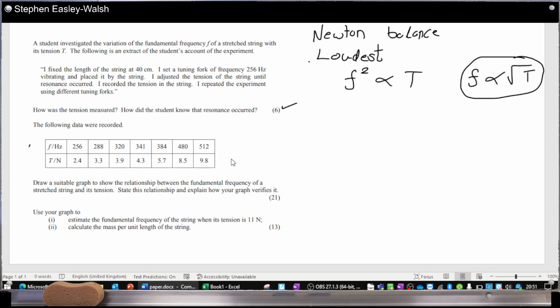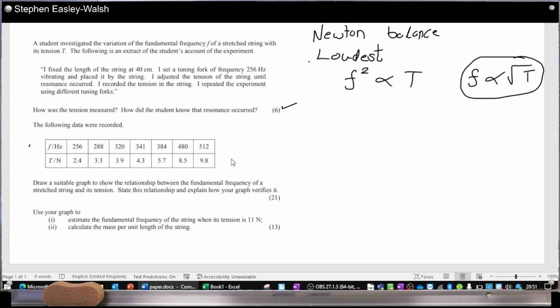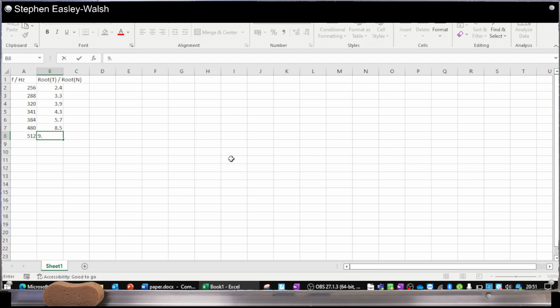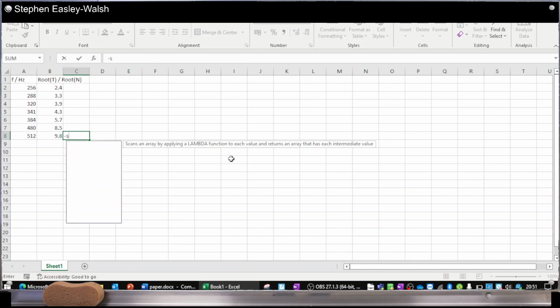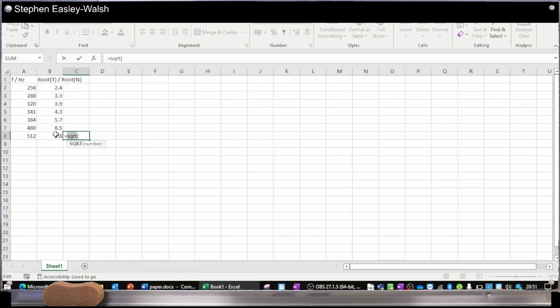2.4, 3.3, 3.9, 4.3, 5.7, 8.5, 9.8. Okay, equals square root of that number.